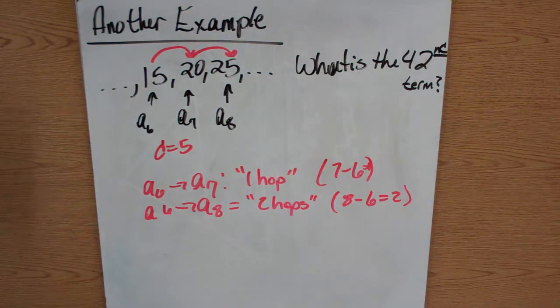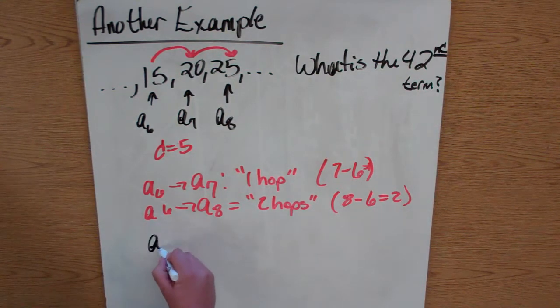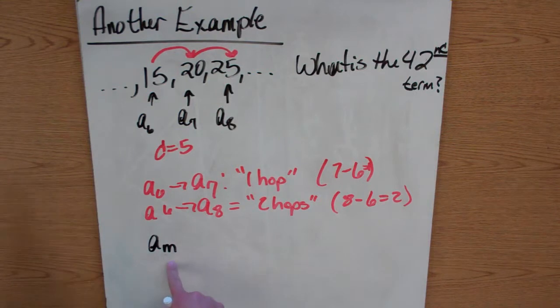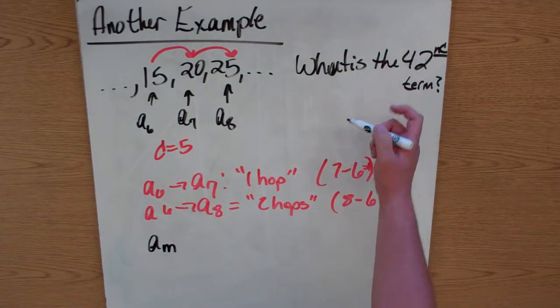Okay, so here our formula is going to be a little different, because we don't have the first term, so we can't use the previous formula because we don't know A sub 1. All right, but in this case, A sub M, M is the term you're looking for.